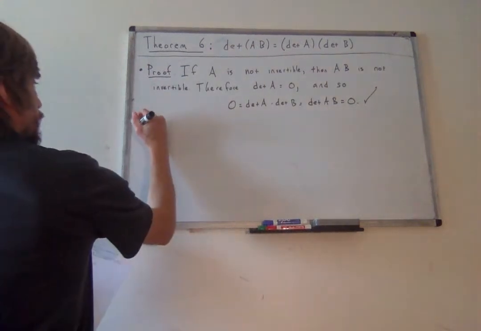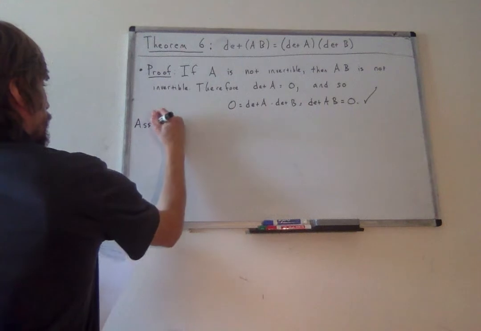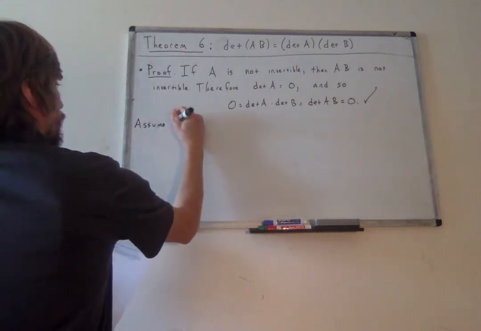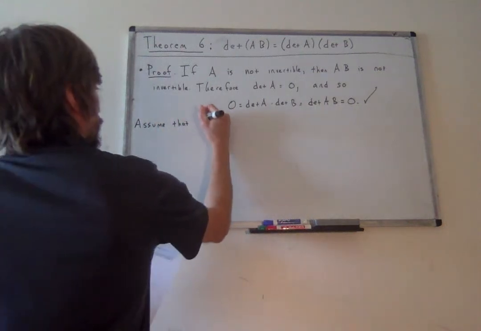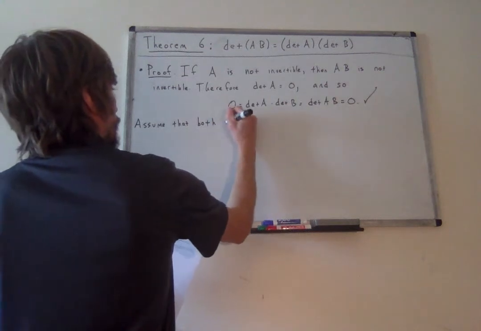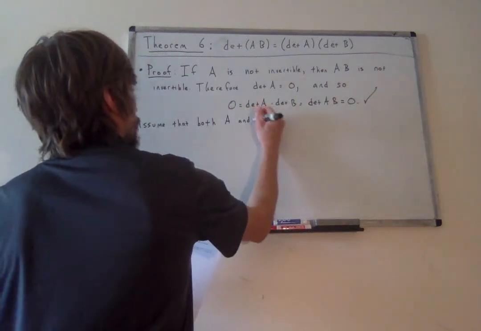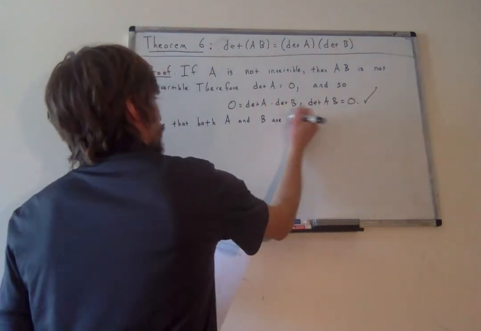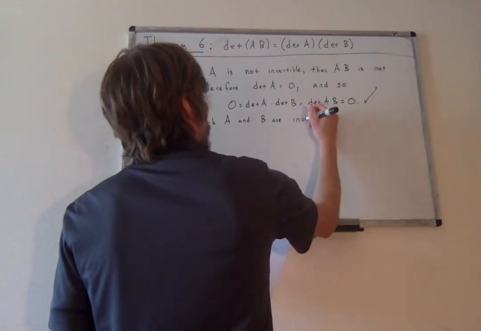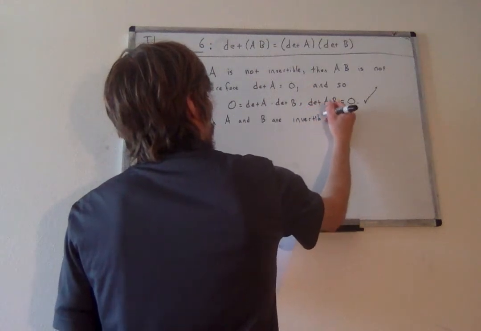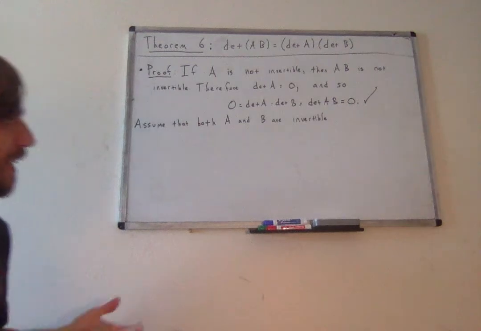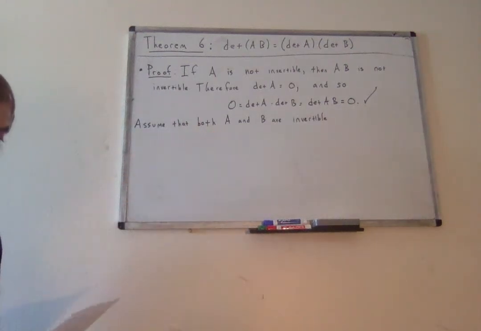So this means we can assume that both A and B are invertible. But in fact, we really only need to use the fact that A is invertible.